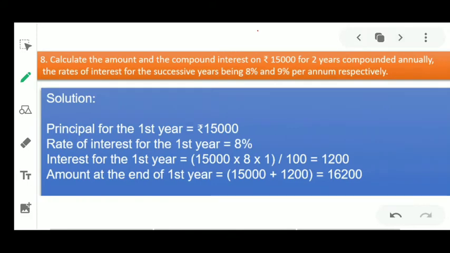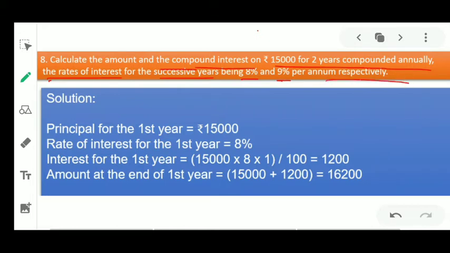The next question here, question number 8. Calculate the amount and the compound interest on 15,000 for 2 years compounded annually. The rates of interest for the successive years being 8% and 9% per annum respectively.